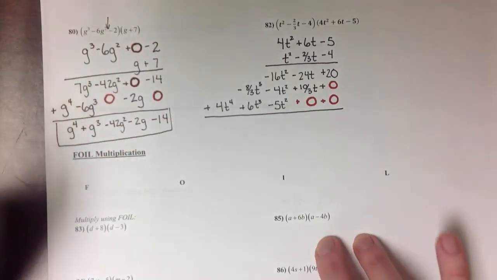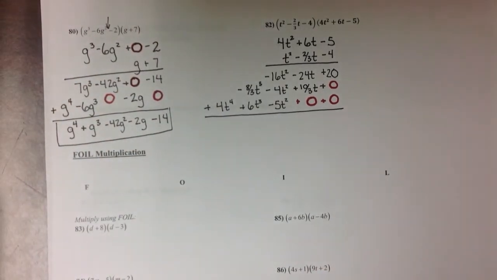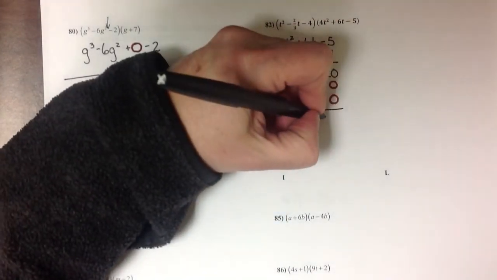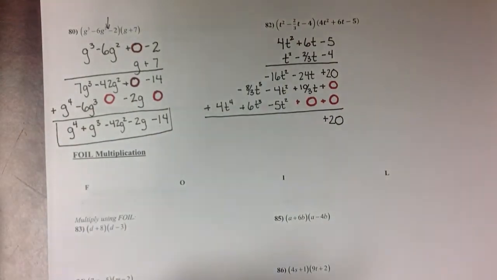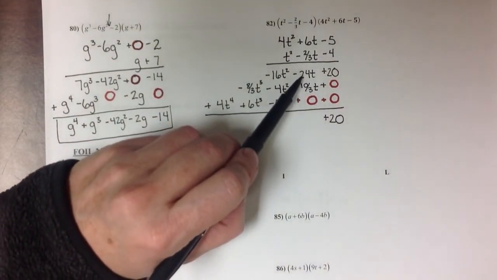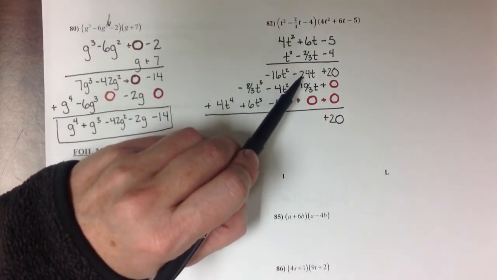Adding all these together is going to make you remember what you know about addition with fractions. I think I warned you those wouldn't go away. So there's a 20 there. 10 thirds plus 24 more.